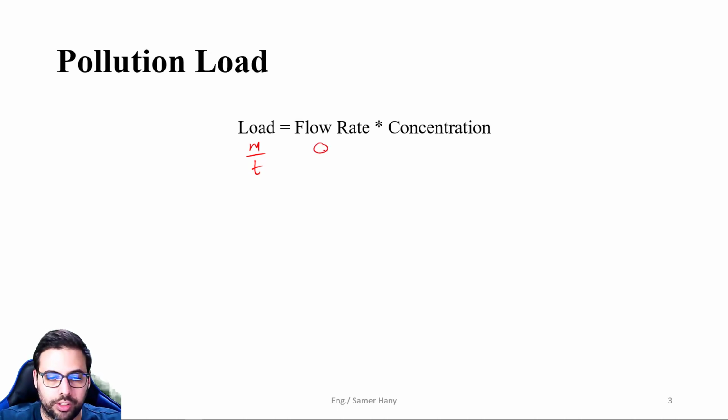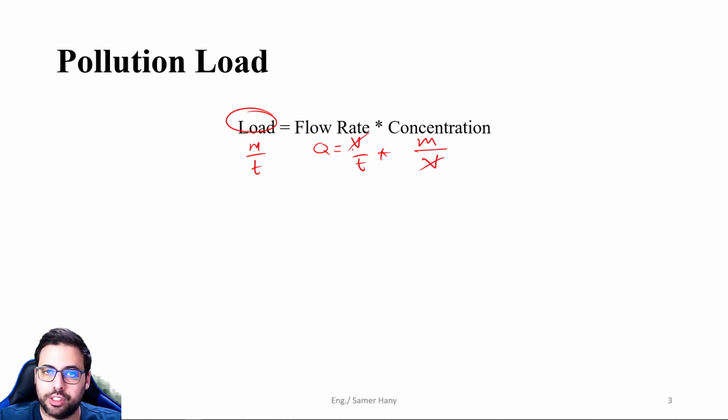So this flow rate Q will be in units of volume per unit time, and the concentration of that pollutant that we're calculating the load for in that waste stream will be in units of mass by units of volume.